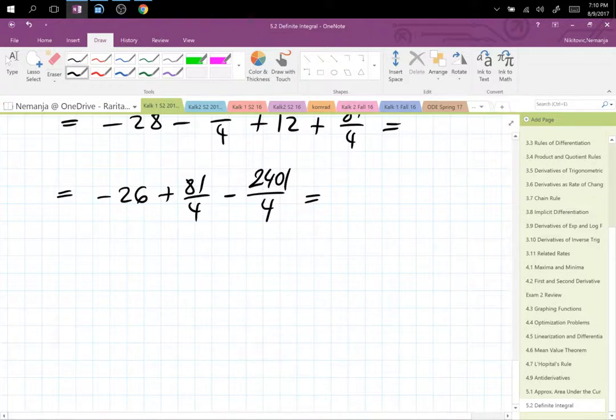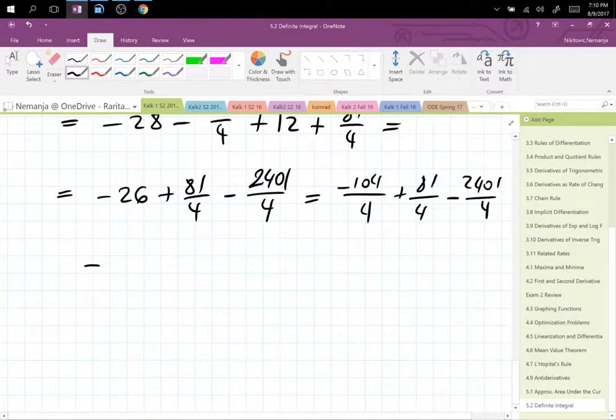Times 4. Is that negative 104 over 4? Plus 81 over 4 minus 2401 over 4. I have 81 and this one. When you combine, you get negative 2320 minus 104.